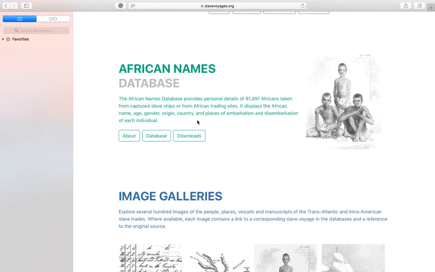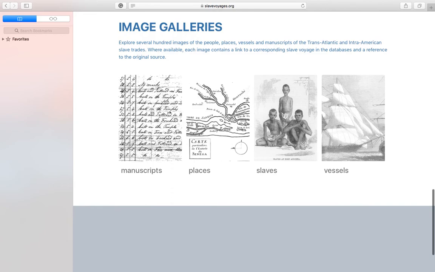And again, in talking about this, personal stories often aren't conveyed enough. So the databases really help to provide that.